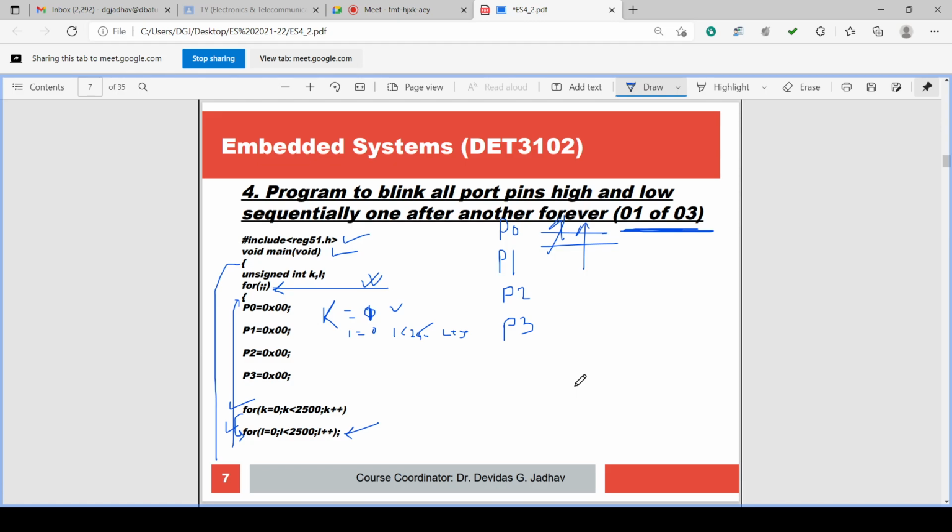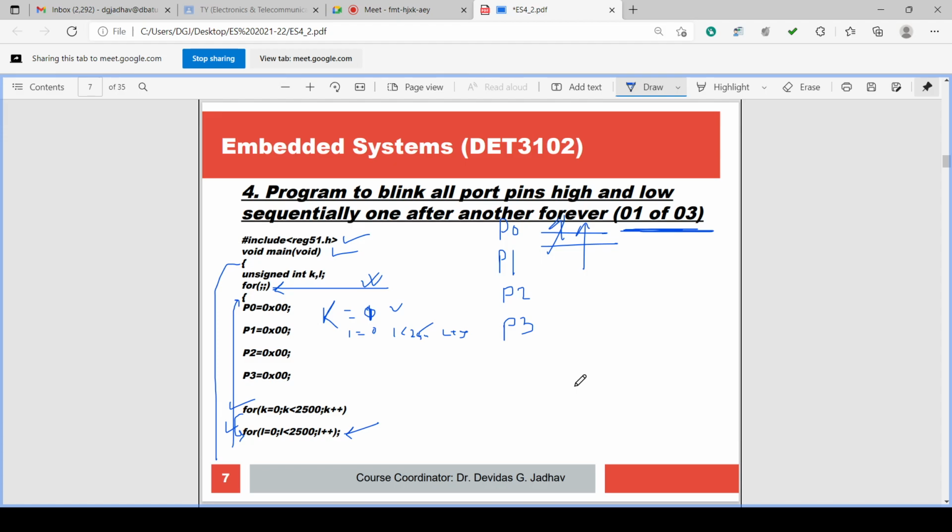Every time there is an introduction of delay. In this case, a delay is introduced with a nested for loop. One for loop executes 2500 times and the next for loop executes 62 lakh 50,000 times. Again, there are two strategies for blinking.